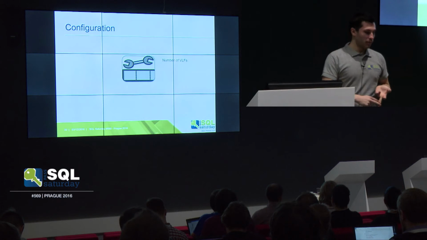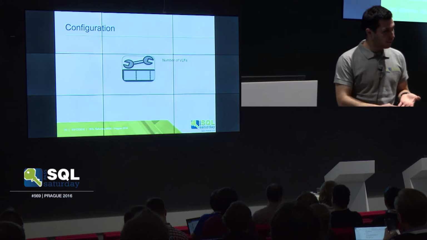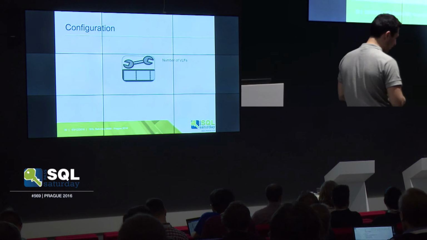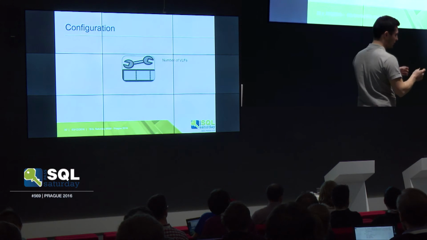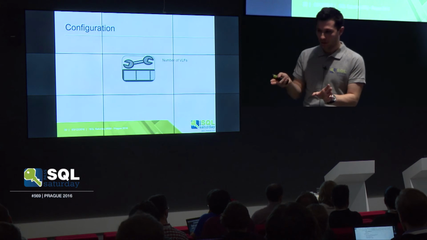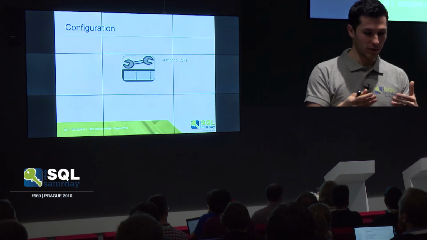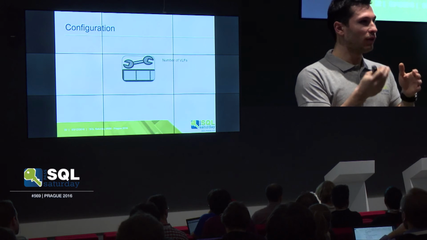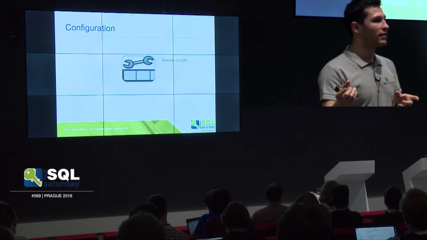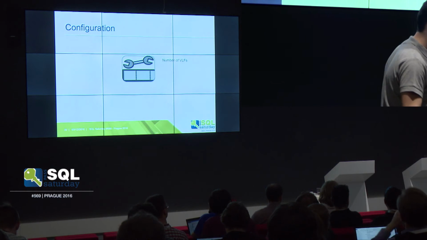But what is the formula about the VLFs? So the formula is the following. If your SQL Server is growing your transaction log with this number that I'm going to quote right now, or if you're creating a new log, there is no difference. SQL Server is still using this formula. So if you are expanding or creating a new log between 1 megabyte and 64 megabytes, SQL Server is creating 4 VLFs.